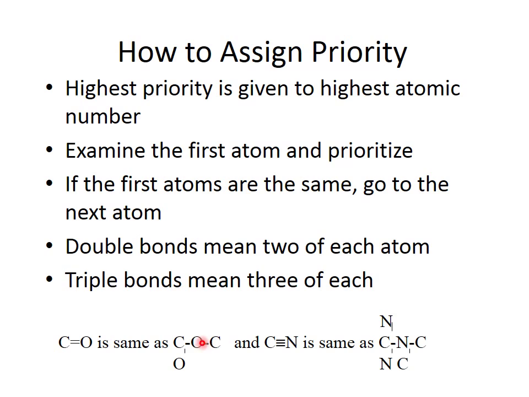So we give one of the oxygens a priority as being attached to a carbon. Okay? If I have a triple bond, it is like 3 nitrogens are attached. 1, 2, 3. And if I look, 2 of the nitrogens have another carbon attached. So I give it this kind of thought.